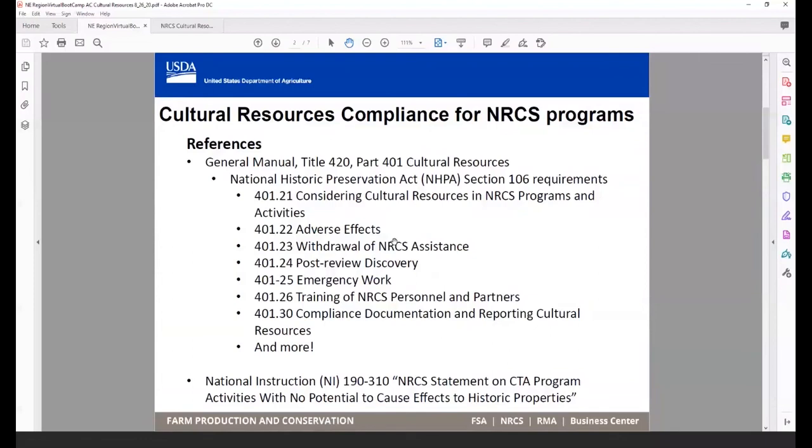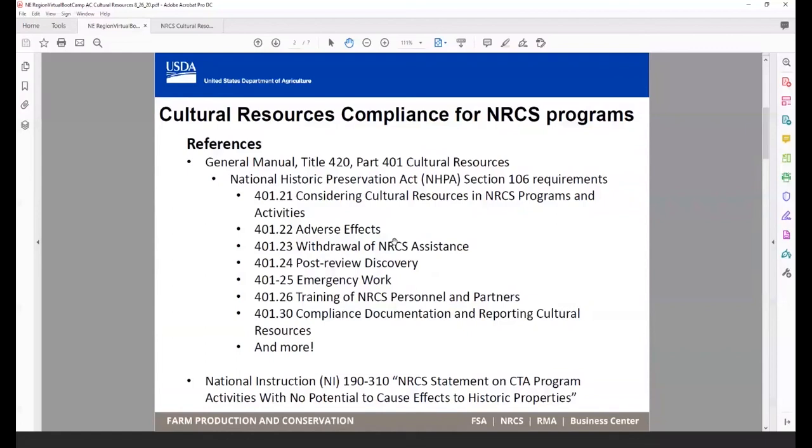Every state has a policy in place. The next section is emergency work. Sometimes, for EWP and other programs like that, we have to do emergency work. There are provisions for who you need to contact and the process that you need to go through if you come across anything while you're doing emergency work.